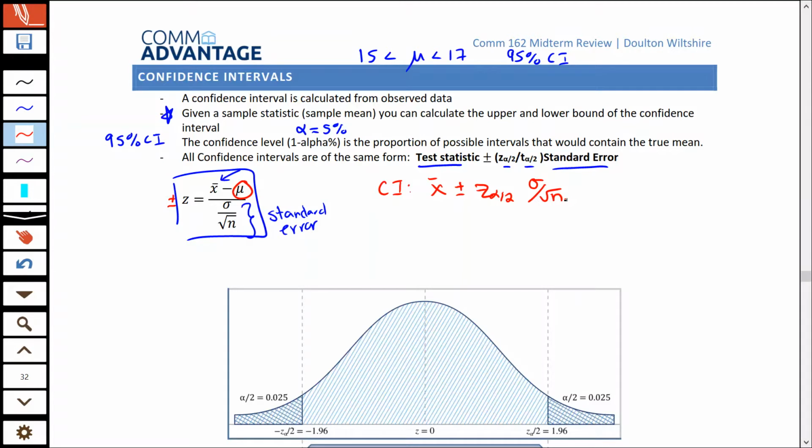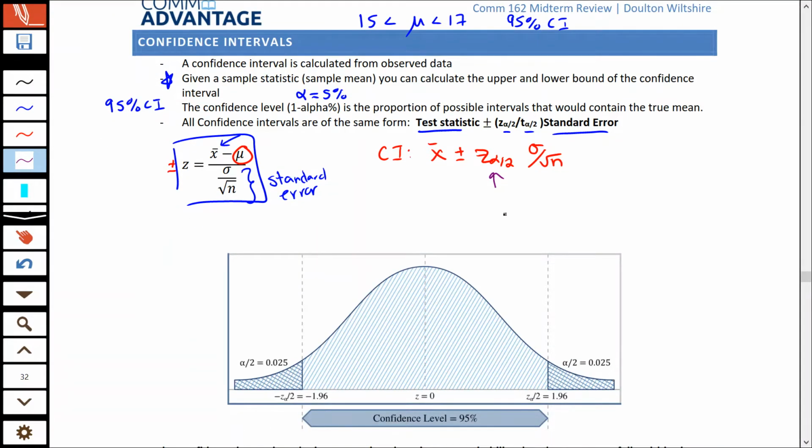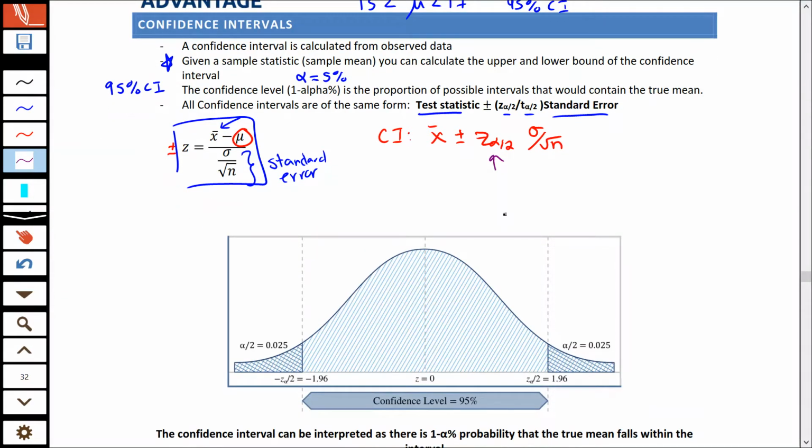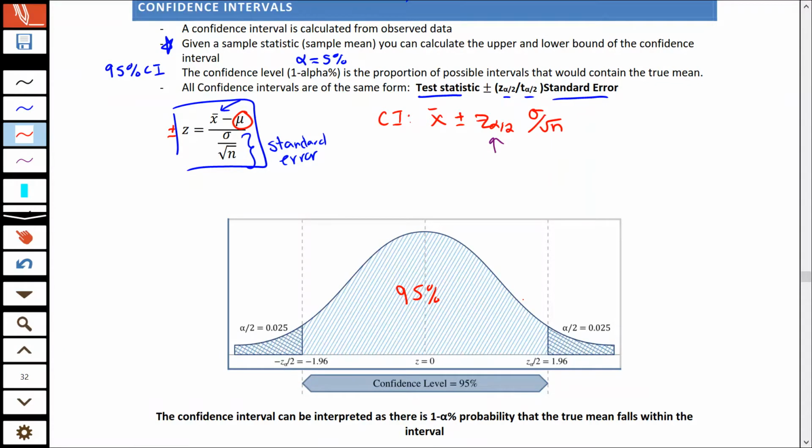The only thing we actually have to do for confidence interval formulas is calculate what the Z value or the T value is. And what we're going to do is find it using our reverse lookup. So if I'm looking at the 95% confidence interval, what I'm talking about is that 95% of the probability is contained in the middle, meaning that 2.5% would be in each tail, or alpha divided by 2.